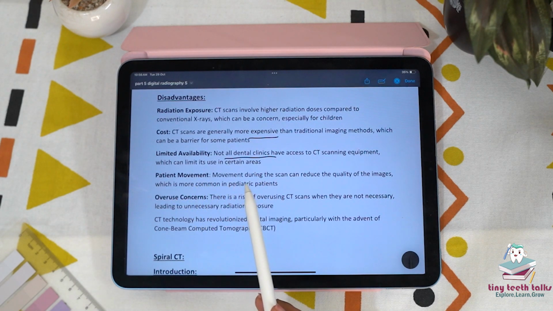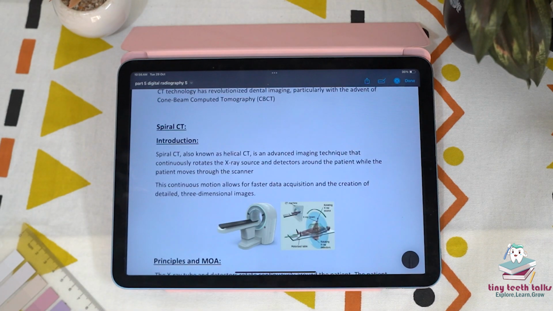Patient movement: movement during the scan can reduce the quality of the images, which is more common in pediatric patients. Overuse concerns: there is a risk of overusing CT scans when they are not necessary, leading to unnecessary radiation exposure. CT technology has revolutionized dental imaging, particularly with the advent of cone beam computed tomography. So we will see applications in dentistry in CBCT.